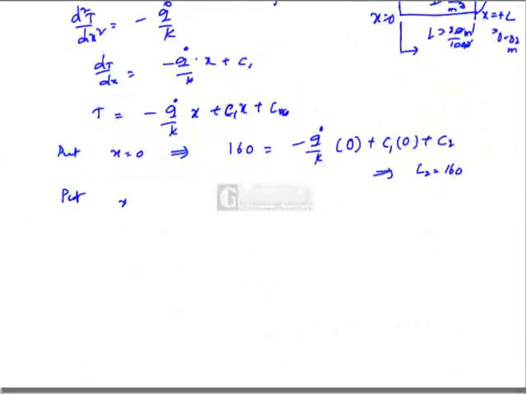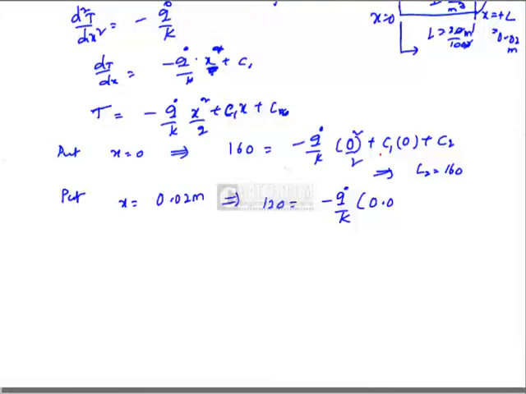Put x is equal to 0.02 meters, that is 20 mm, implies 120 is equal to, at x is equal to L, temperature is 120. Please correct that.